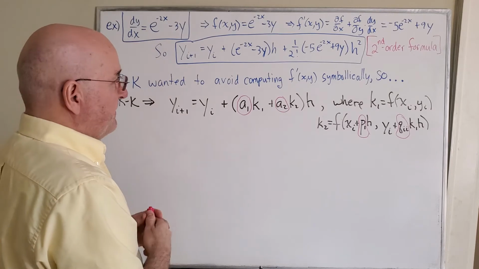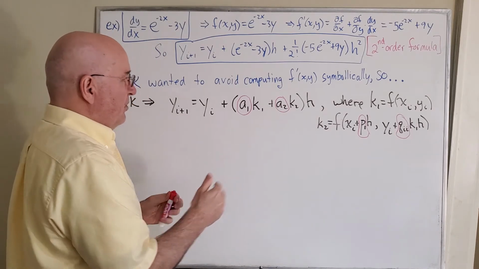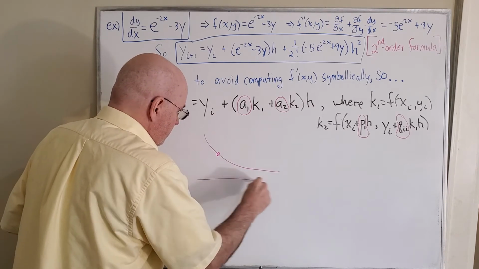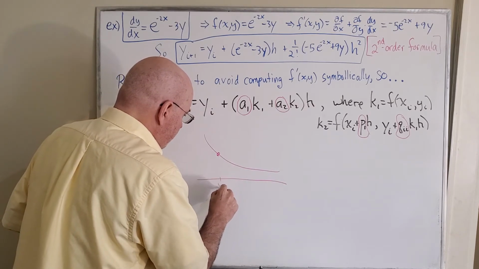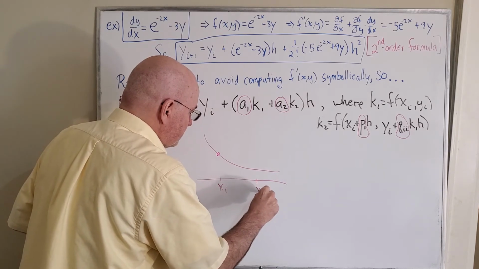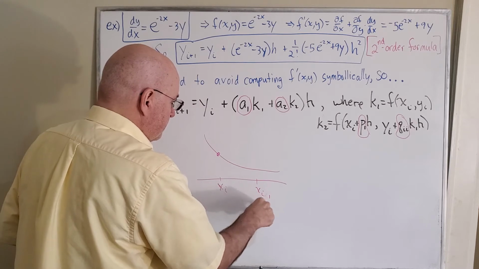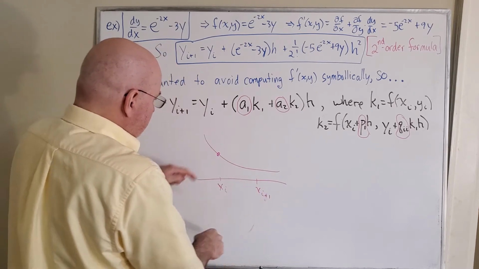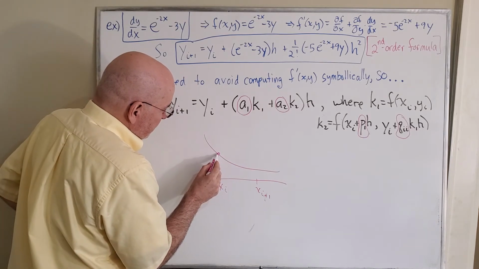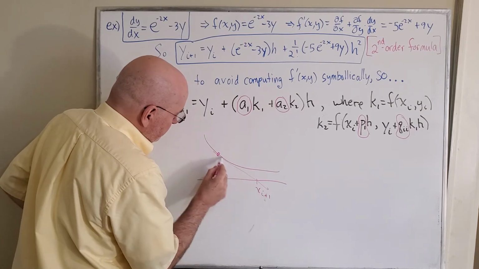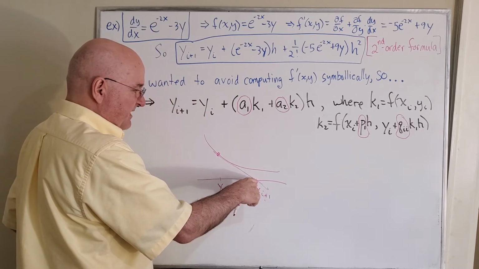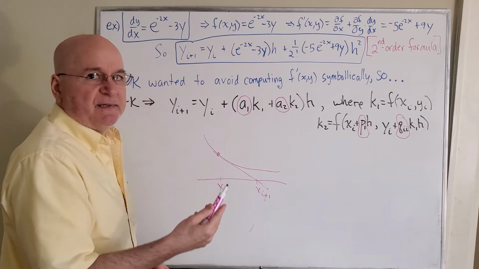Essentially, this is simply using f again, the first derivative. But what it's doing is saying, well, if we want to go from, let's say this is x_i and this is x_{i+1}, so this would be the height of y_i, why predict by just taking the slope here and predicting our next y value to be here? It's not extremely accurate.